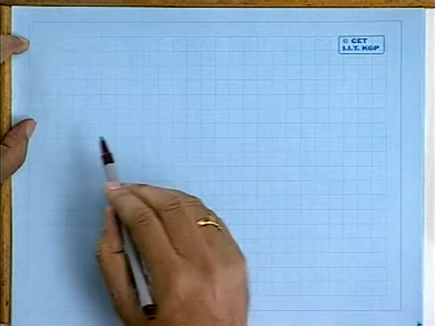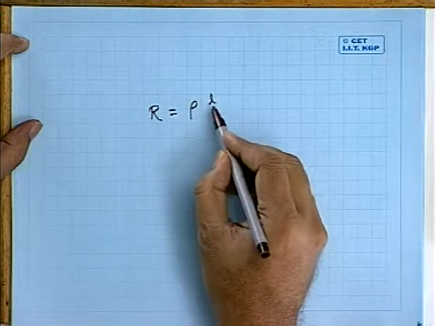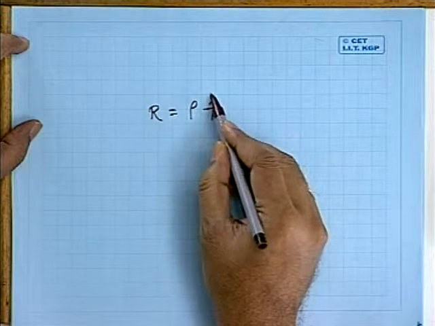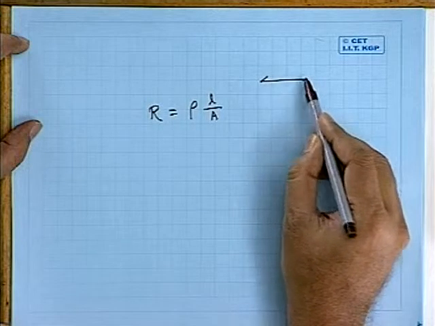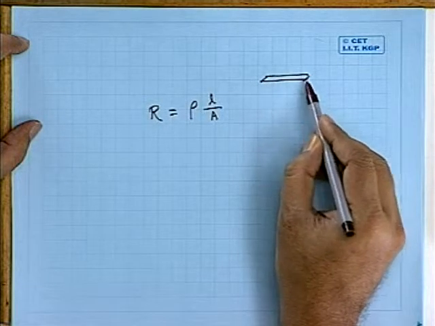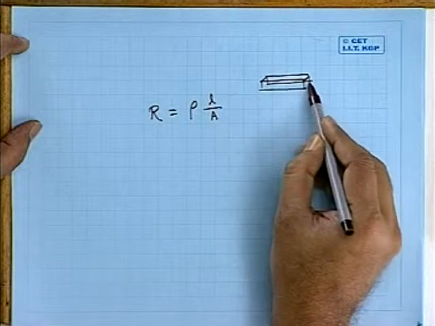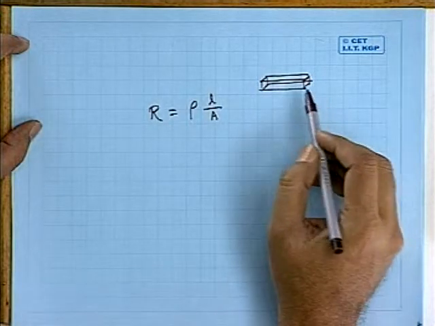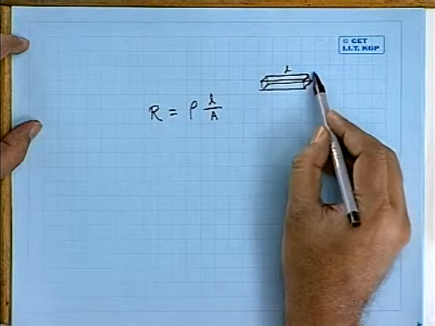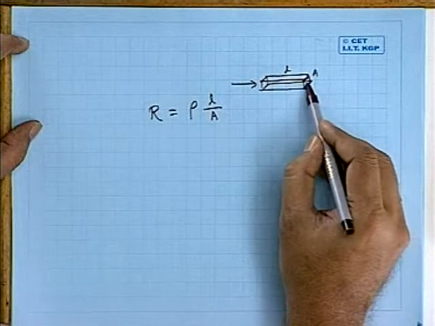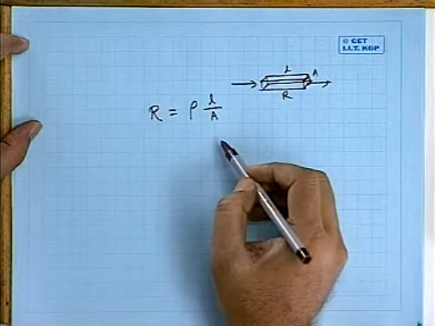So we know in a semiconductor bar the resistance R is given by rho into L by A. L is the length. If you see a structure like this, this is a semiconductor bar and this length is L, and this is the cross sectional area A, and if the current flows like this, the resistance R is equal to rho into L by A, isn't it?